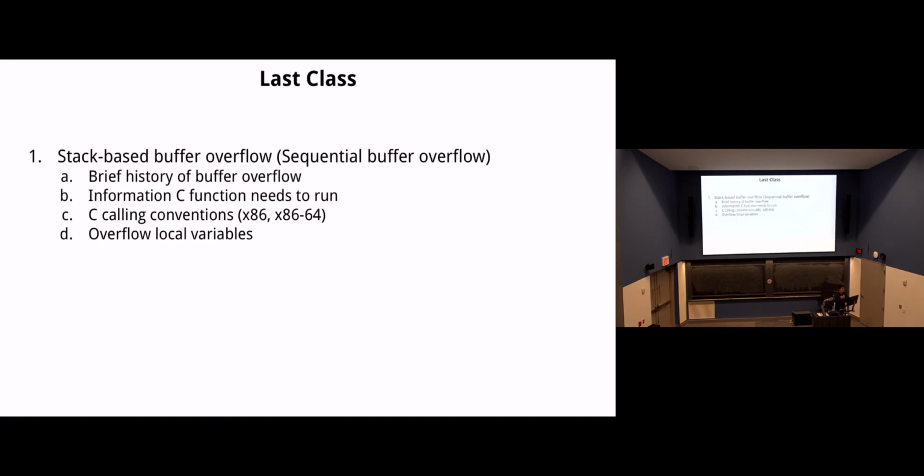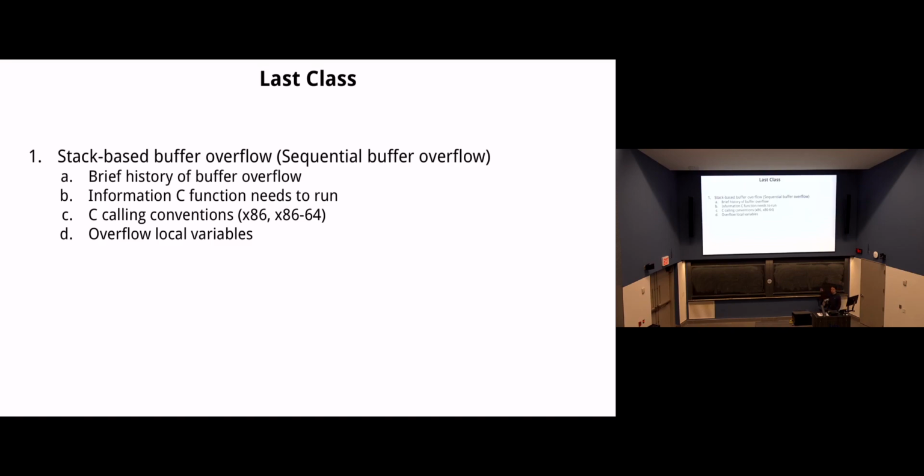So last week, we started talking about stack-based buffer overflow. We talked about the history of buffer overflow, the information a C program needs to run. We talked about the C calling conventions, 32-bit and 64-bit. 32-bit, we mostly use the stack to pass the parameters. 64-bit, we use 6 registers to do that.